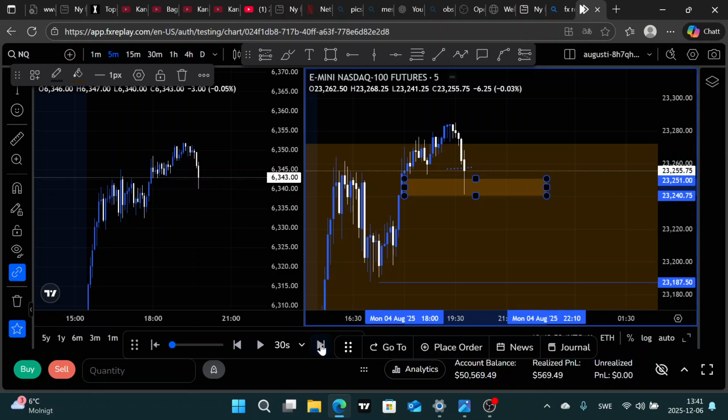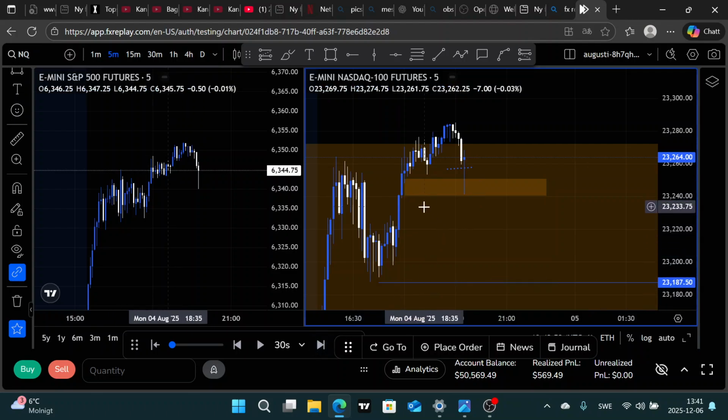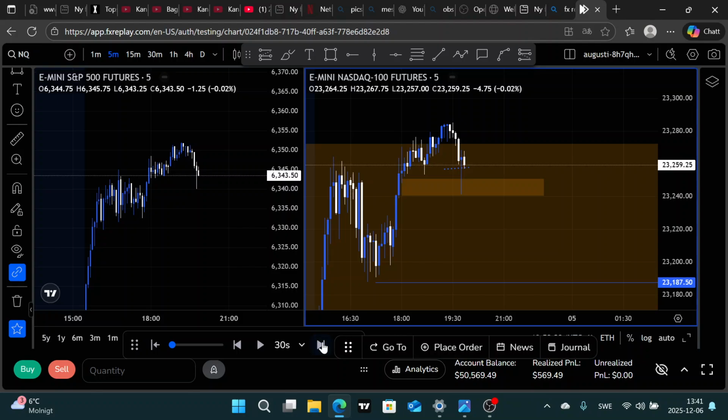But you can see it was weak to this bullish fair value gap, to this 5-minute bullish fair value gap. So what does that mean? I don't know.